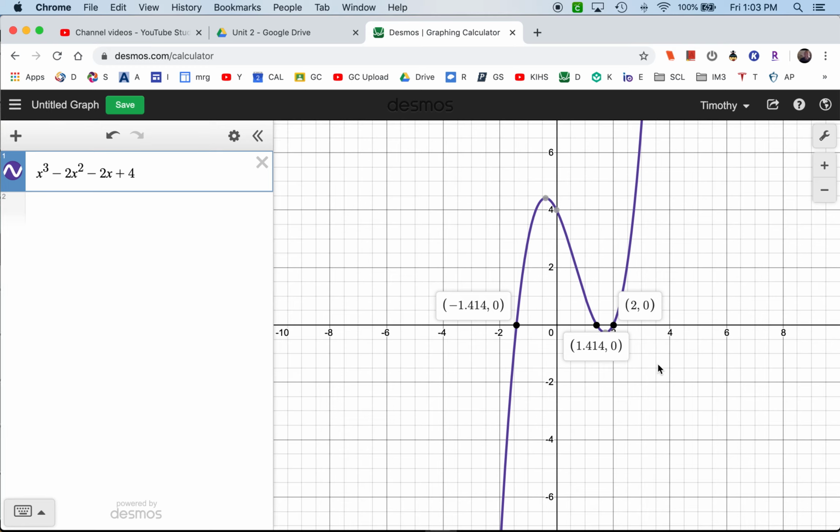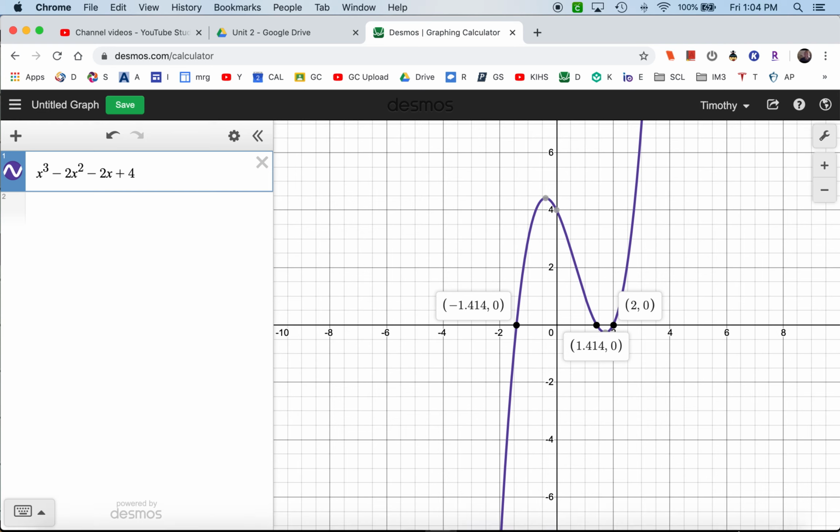So at x equals positive and negative 1.414, there are non-removable discontinuities. And then the other one, instead of positive and negative 1.414, is 2.